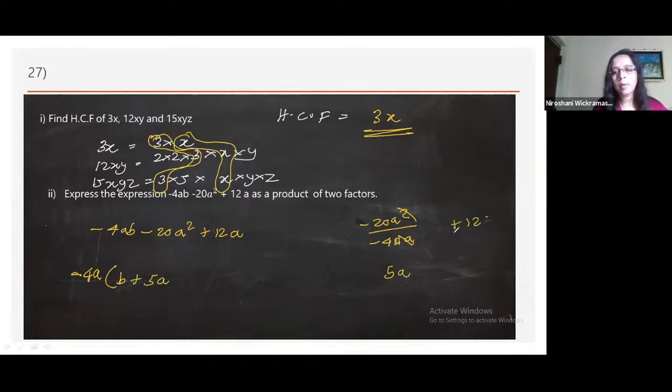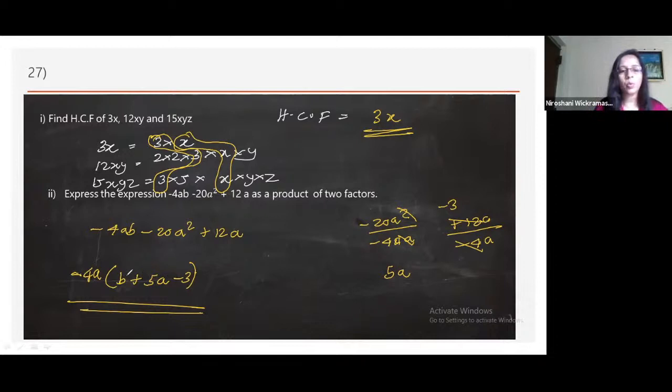Plus 12a divided by minus 4a is minus 3. Then this is the answer: minus 4a times b plus 5a minus 3. Now expand and see: minus 4a times b, minus 4ab. Minus 4a times 5a, minus 20a squared. Minus 4a times minus 3, plus 12a. You can check the answer like that.